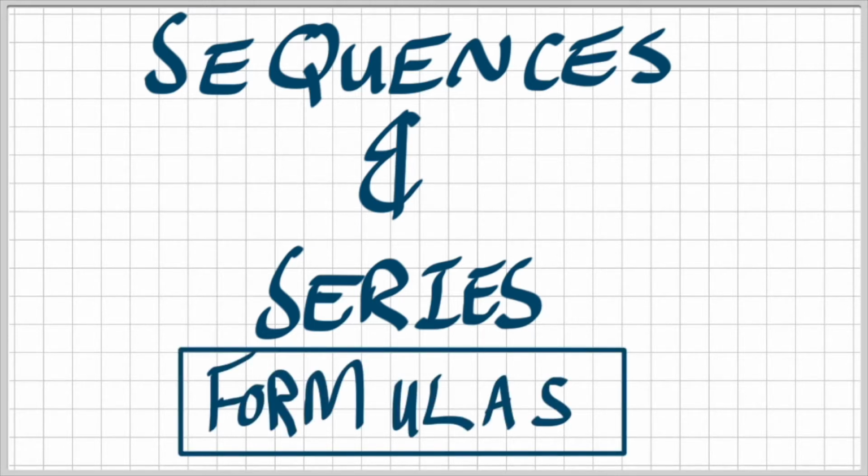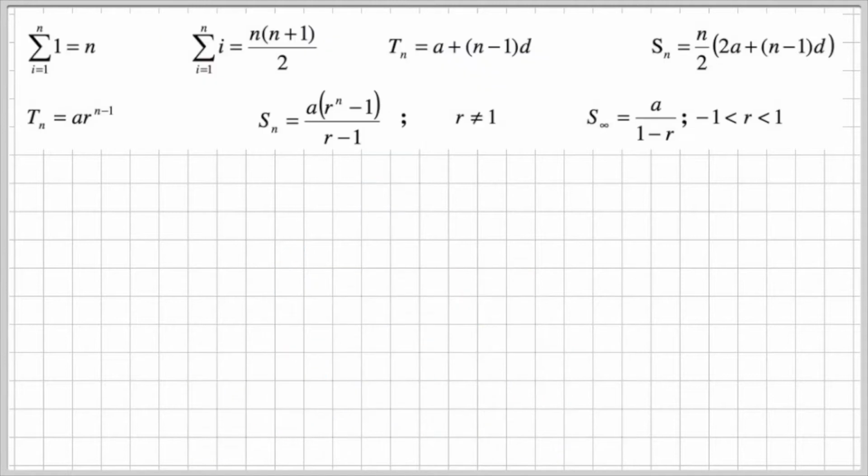On your formula sheet, you have a beautiful part that is specifically for sequences and series. What I would like you to do is mentally, as you prepare, get yourself in the mode of looking at your formula sheet and blocking out all the noise.